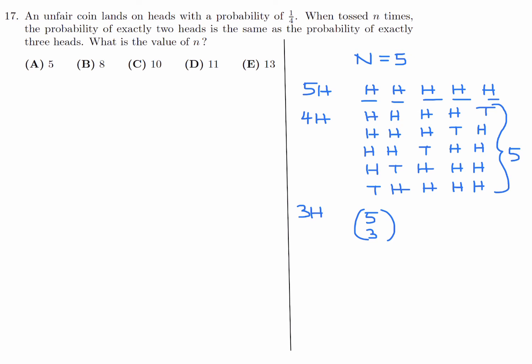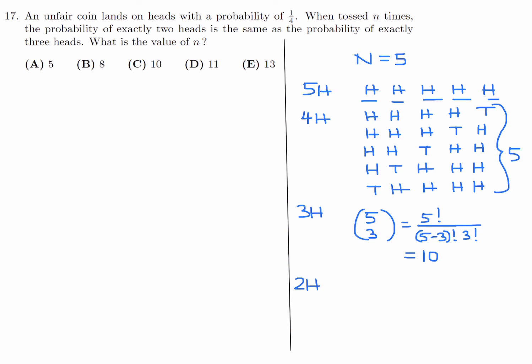And 5 choose 3 is, of course, 5 factorial over 5 minus 3 factorial over 3 factorial. And that is going to be equal to 10. So as you can see, you can quickly figure out that number without having to write all these combinations.